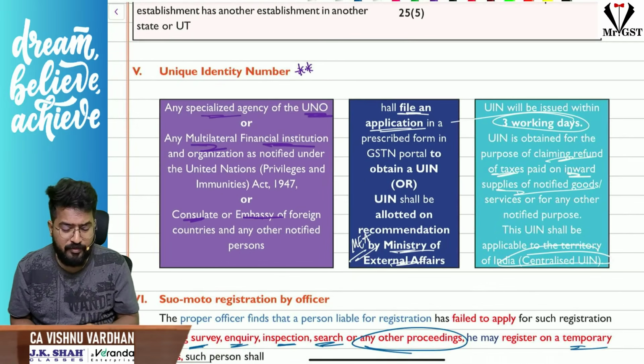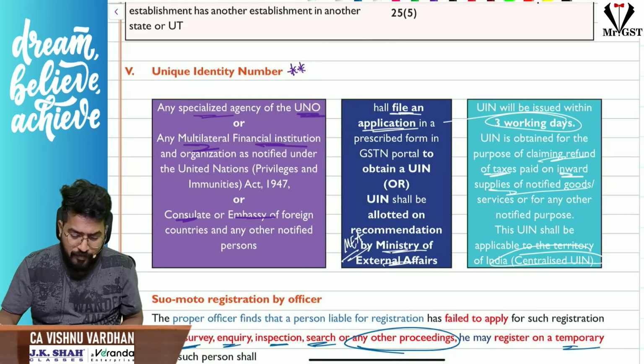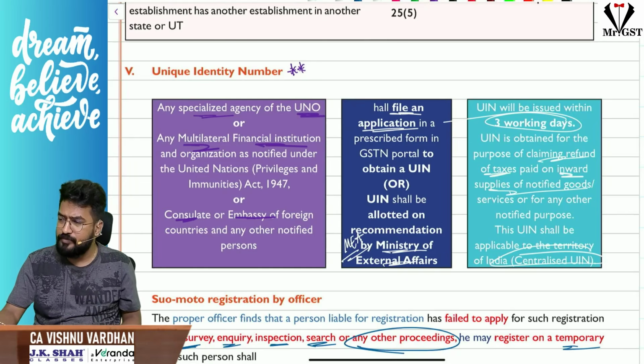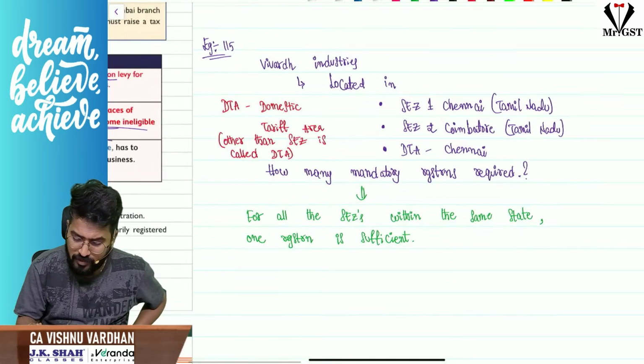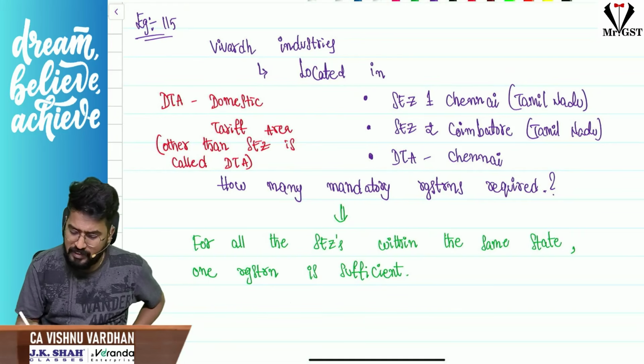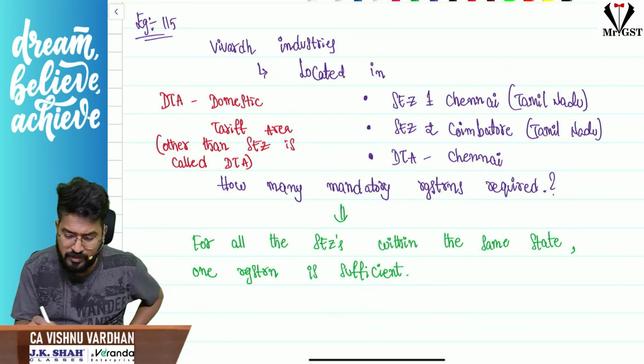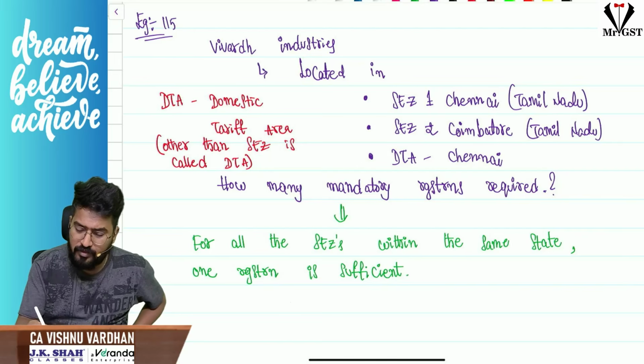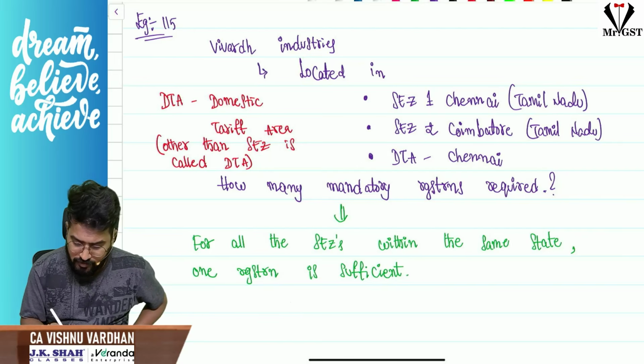Next, another important one, sir: what is unique identity number? Before going to that, I will just show one small point. So here, how many registrations are required now? For all SEZs within the same state, one registration is sufficient, and one for the outside DTA.